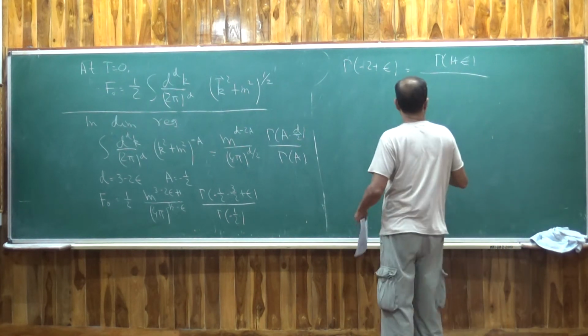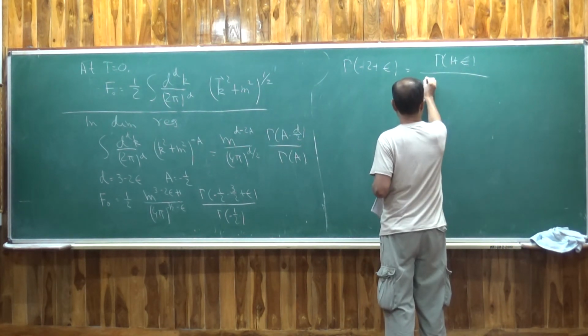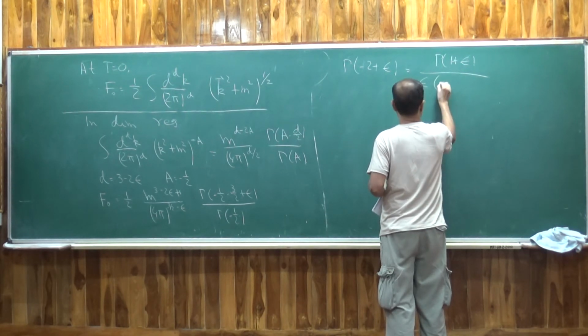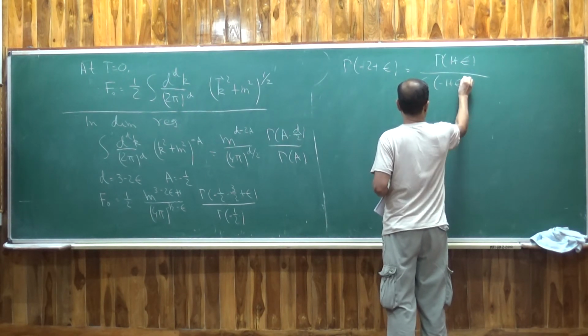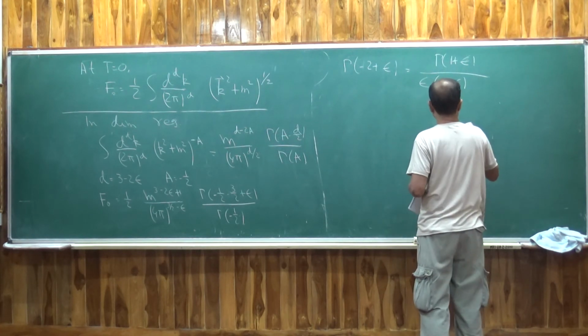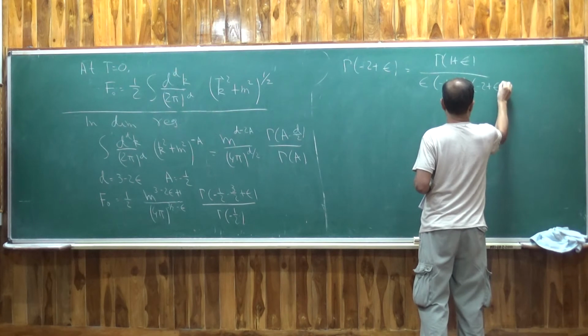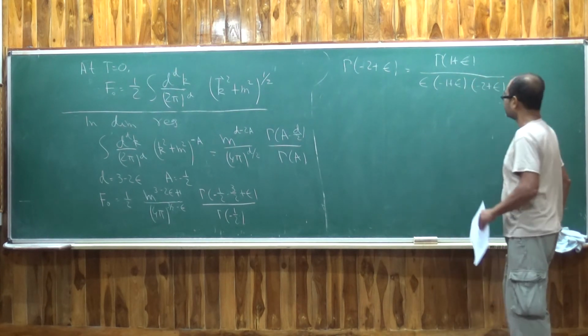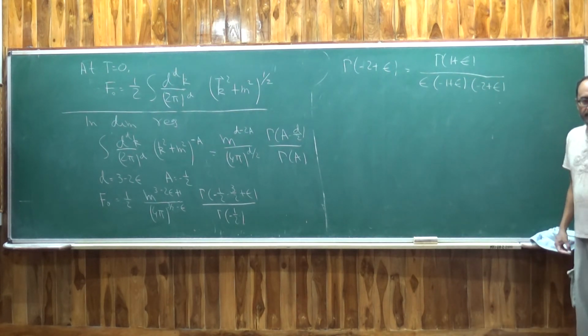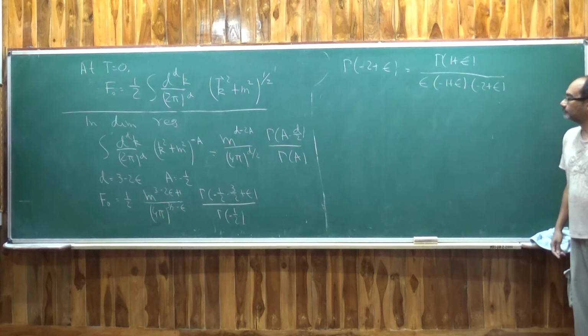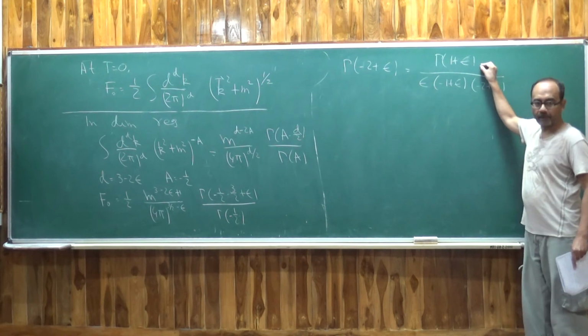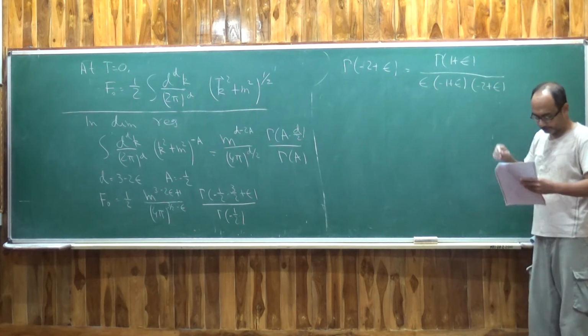So gamma of 1 plus epsilon is epsilon gamma epsilon, then minus 1 plus epsilon gamma of minus 1 plus epsilon, and minus 2 plus epsilon. Is this okay? Gamma of minus 2 plus epsilon I can write this way.